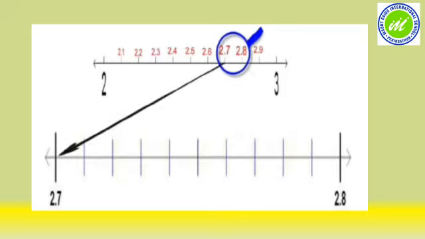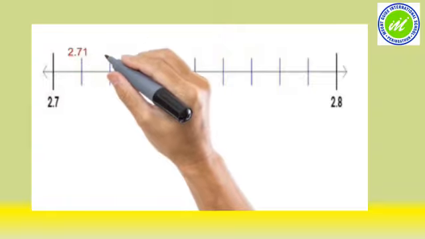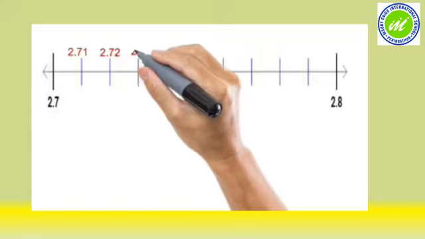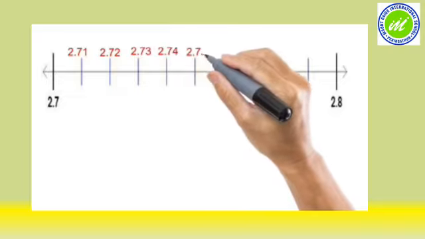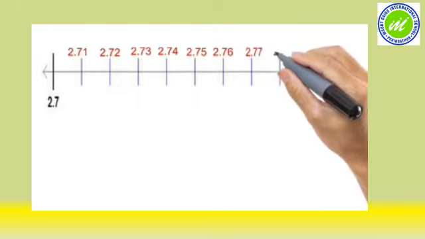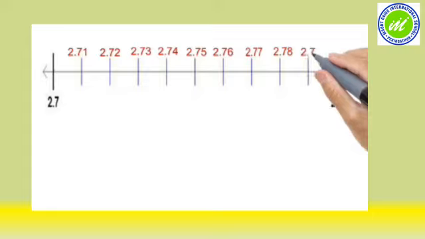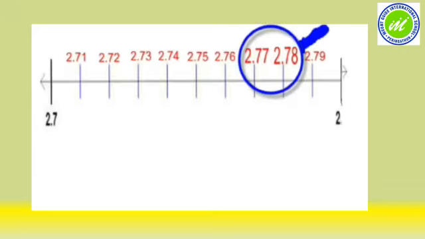We imagine dividing this again into 10 equal parts. The first mark will represent 2.71 and the second one is 2.72 and so on. 2.776 lies between 2.77 and 2.78.